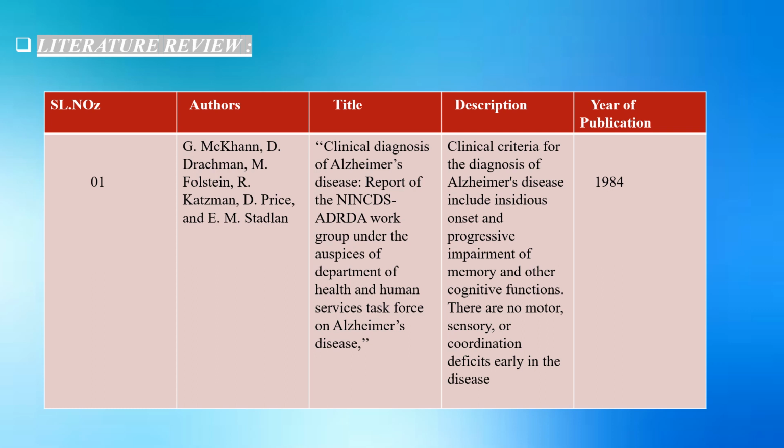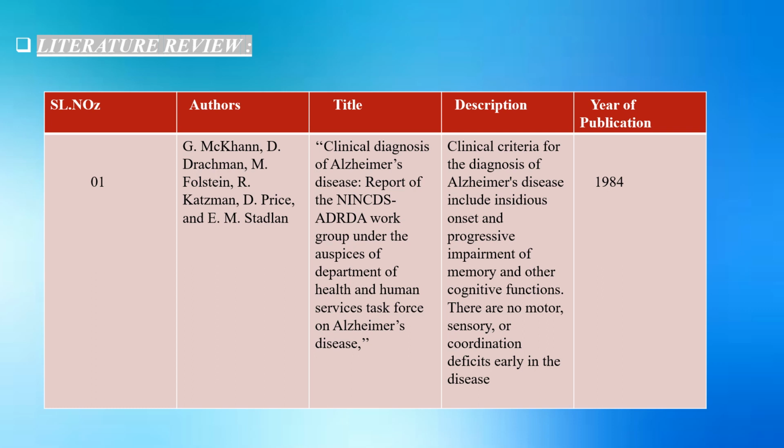So coming towards the literature review, the first author has given a paper under the title Clinical Diagnosis of Alzheimer's Disease, published in the year 1984. The paper describes that clinical criteria for the diagnosis of Alzheimer's disease include insidious onset and progressive impairment of memory and other cognitive functions.